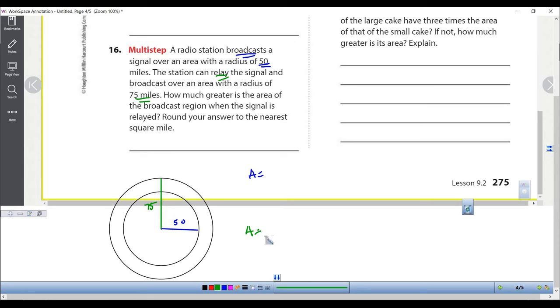It doesn't matter what size circle you have. The area of a circle is always pi times the radius squared. What's going to be different is the radius. This one is pi times 50 squared. And this one right here is going to be pi times 75 squared.